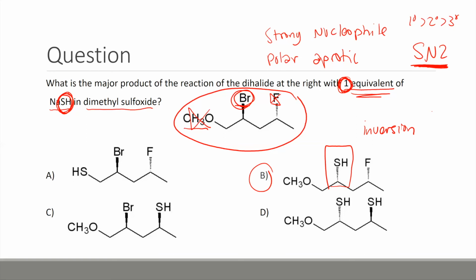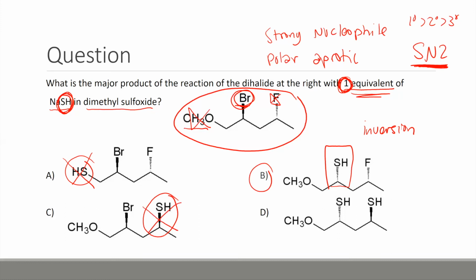Now you can actually eliminate some of these other ones, again, based on the group that would be leaving. So for example, A shows our CH3O being substituted, which is not a good electrophile. C shows the fluorine being substituted, which is not a good electrophile.